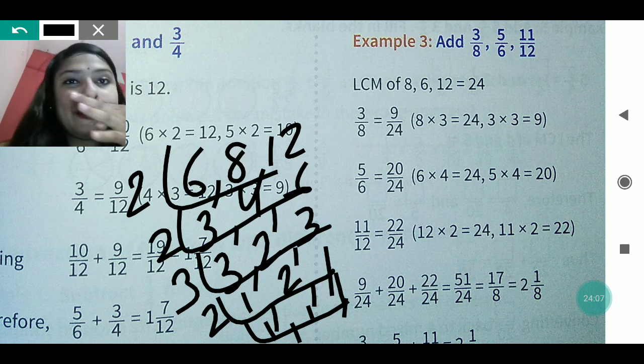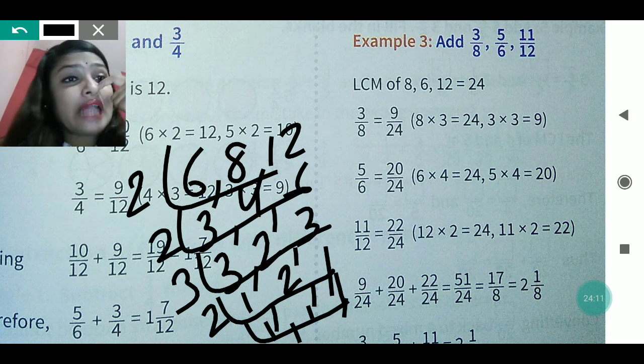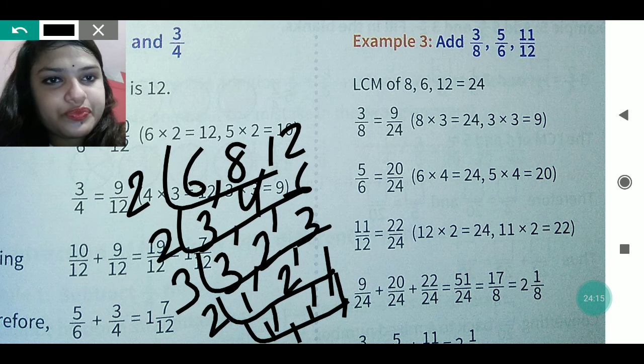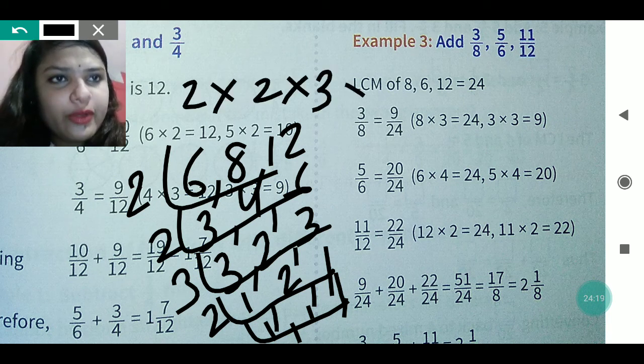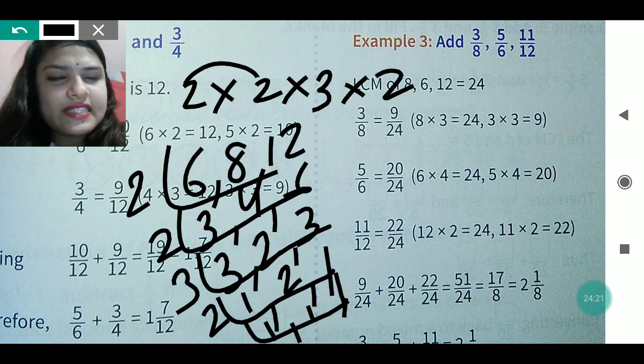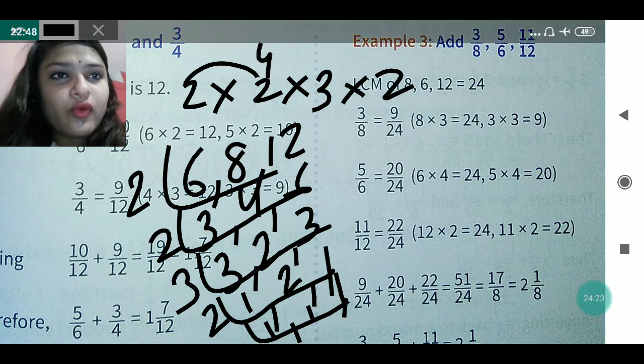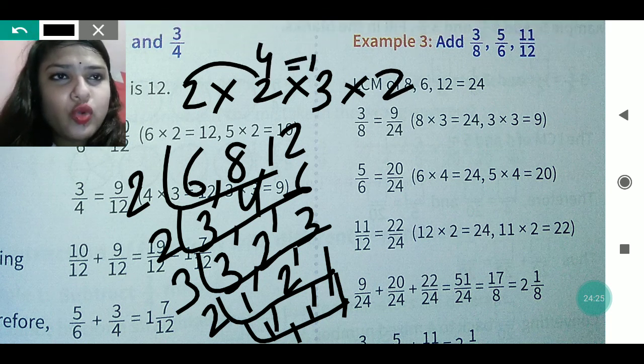What LCM will you get? The LCM you will get is 24. How? Just see. 2 into 2 into 3 into 2. 2 2s are 4, 4 3s are 12, 12 2s are 24.